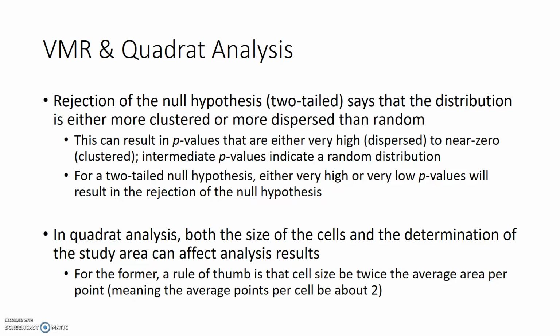Try to make cell size so that when you find the average number of points in each cell, you end up with something around 2. You might need to fiddle with the sizing of your cells in order to get an average point per cell value of 2, which will tell you you're on the right track and that you aren't going to be affecting the results of your analysis by having cells that are either too big or too small.